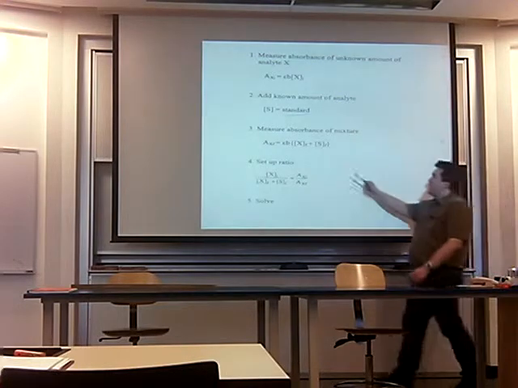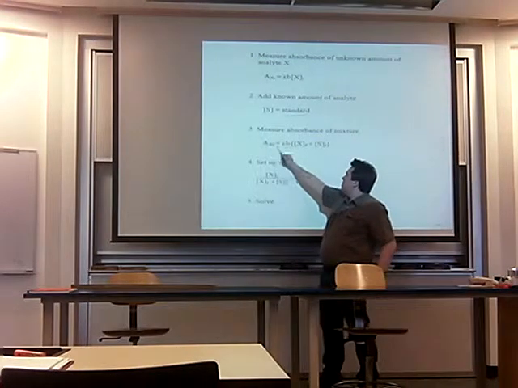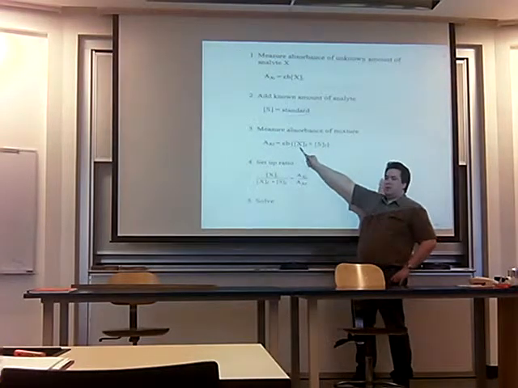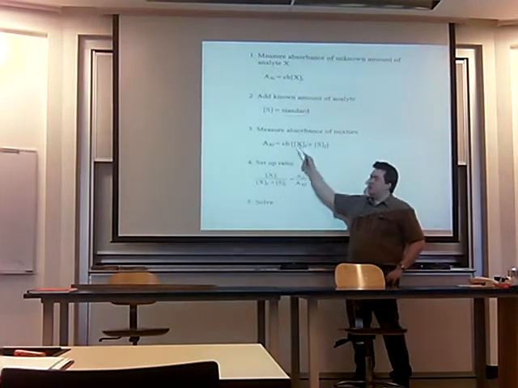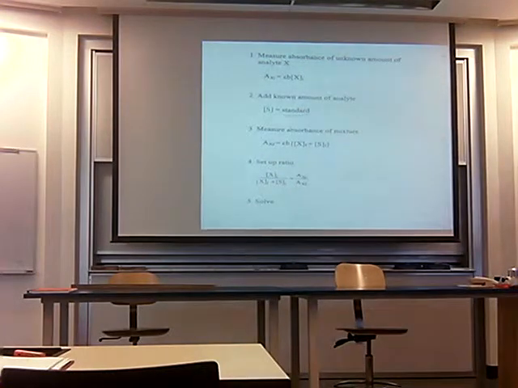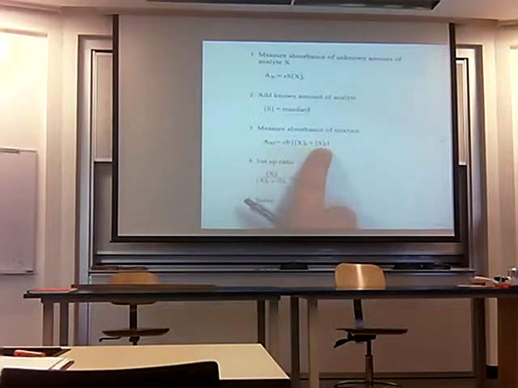Well, the final absorbance measurement will be the molar absorptivity times the path length times the total amount of that analyte: the amount that we started with plus the standard that we've added.